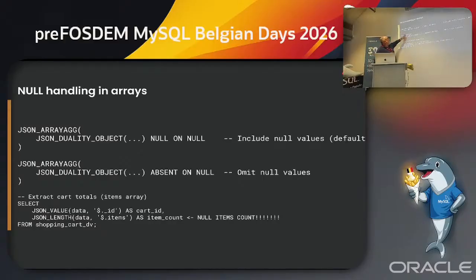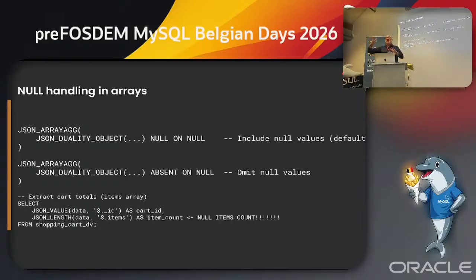Something important. When we add an array, usually we have null and null. And this means that if the elements from the array I'm retrieving are null, but the element exists, I will have a null value in my array. So let's imagine, for example, that I'm retrieving just some components of the product that are null.